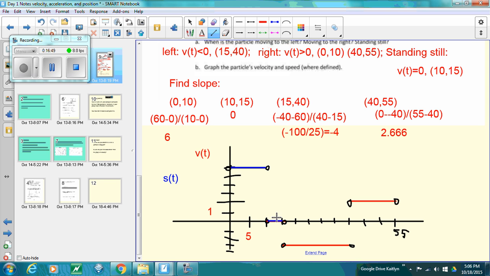So it was -4, but now it'll be a +4. And then this one will be the same. And then just remember to put open circles again on this one. So blue is my speed, v of t is my velocity.